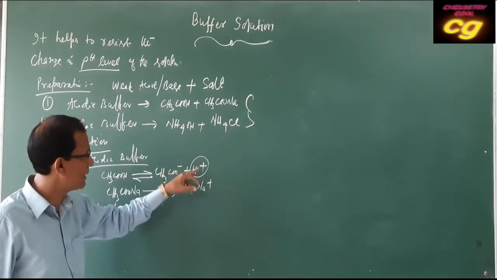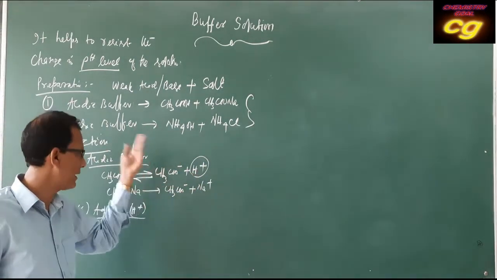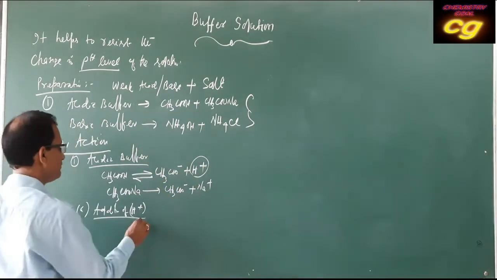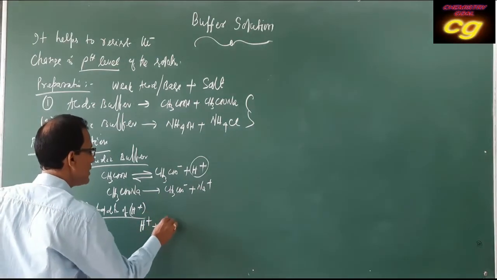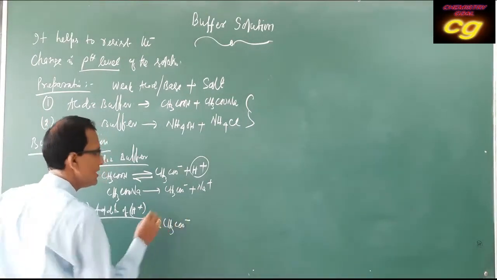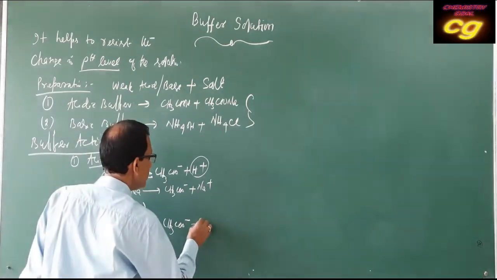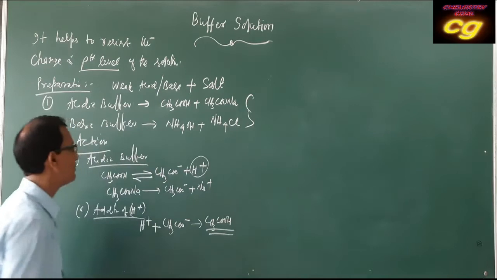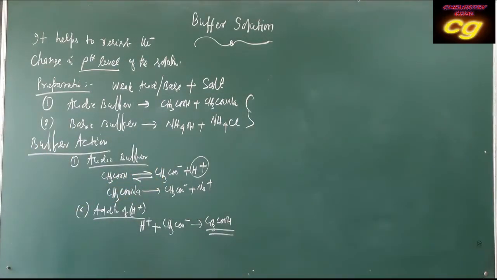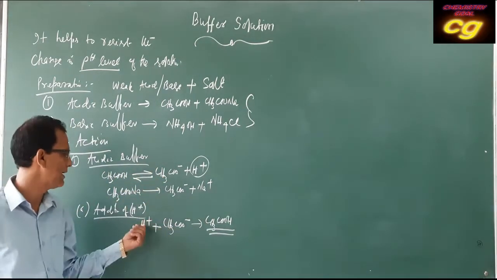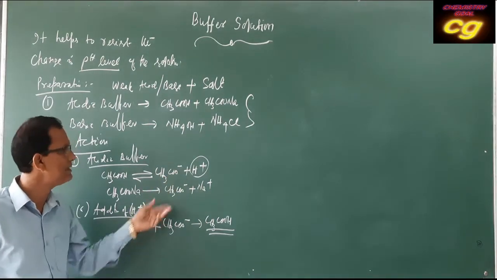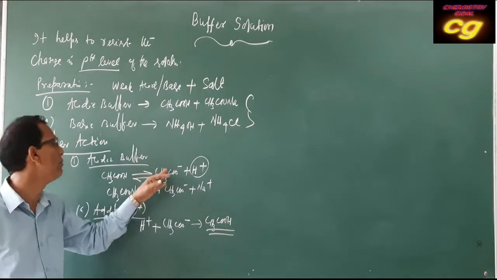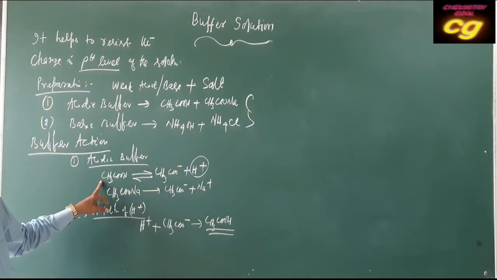The extra H plus which is added combines with acetate ion to form undissociated acetic acid. That means the equilibrium will shift in the backward direction if you add acid to the solution. The added H plus combines with acetate ion, producing undissociated acetic acid.